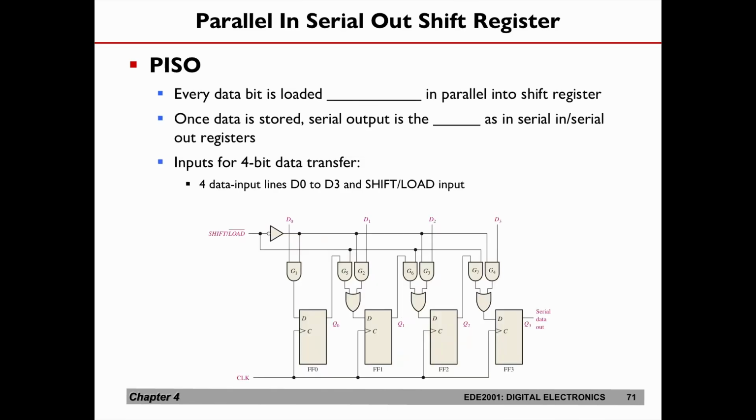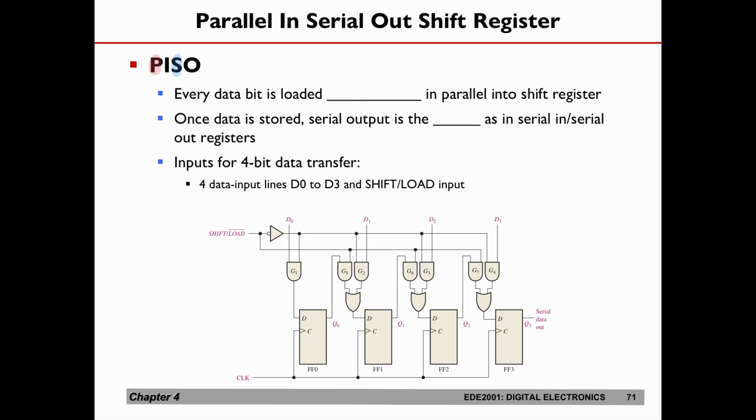Now the last one that we have is the most complicated one, because what is required here is a parallel in and a serial out. So this is going to be the most complicated shift register that you will be learning. If you look at the input here, we are going to have parallel input and serial output.